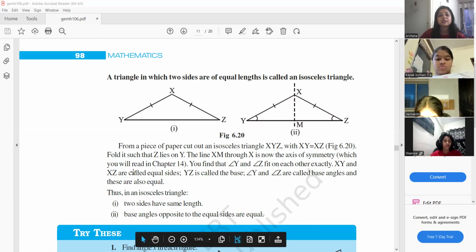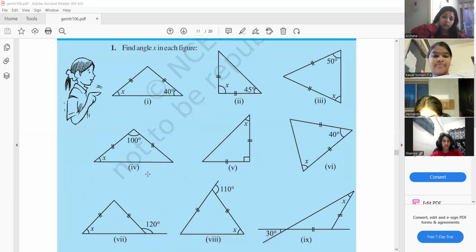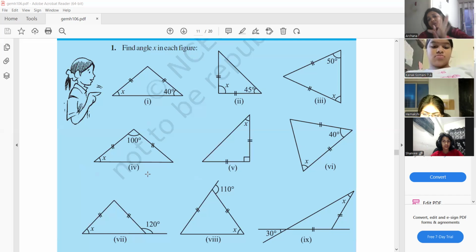Now, is this clear? Now you know why I taught you those two properties of isosceles triangles repeatedly, because here the logic will be applicable. If it is confusing for you, you will not be able to solve and give the correct answers.